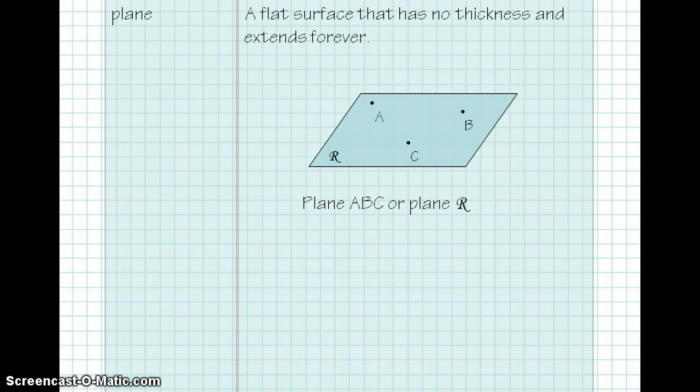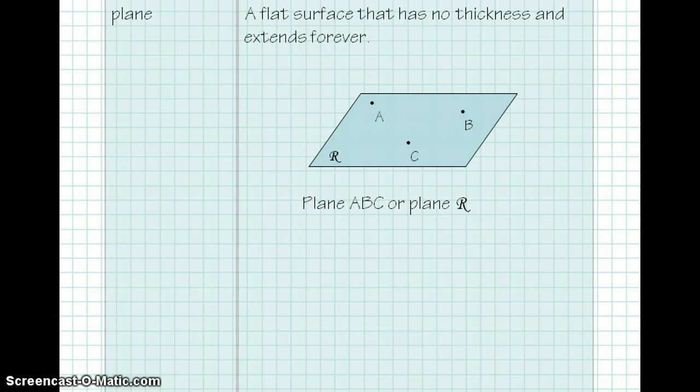All right, plane. Now, plane, besides being a flying thing in the sky, is also a flat surface that has no thickness and extends forever in all directions. The biggest problem with a plane is that we're trying to represent an infinite thing in two dimensions on 2 dimensions.